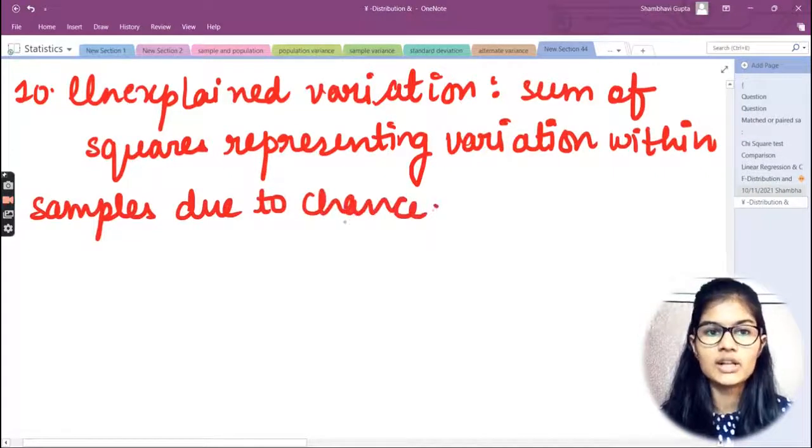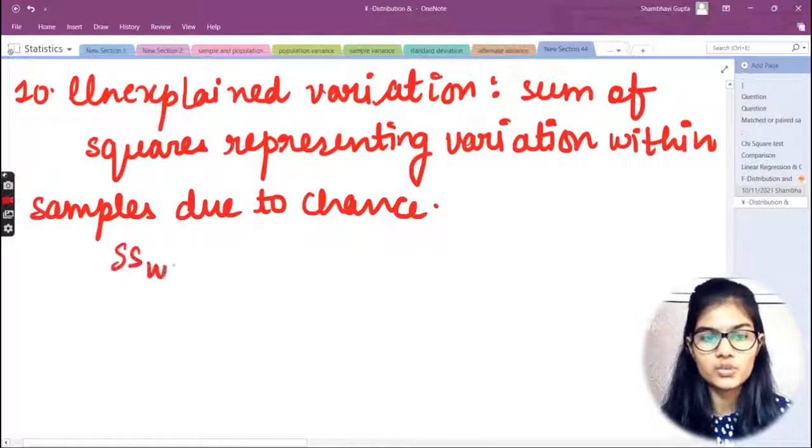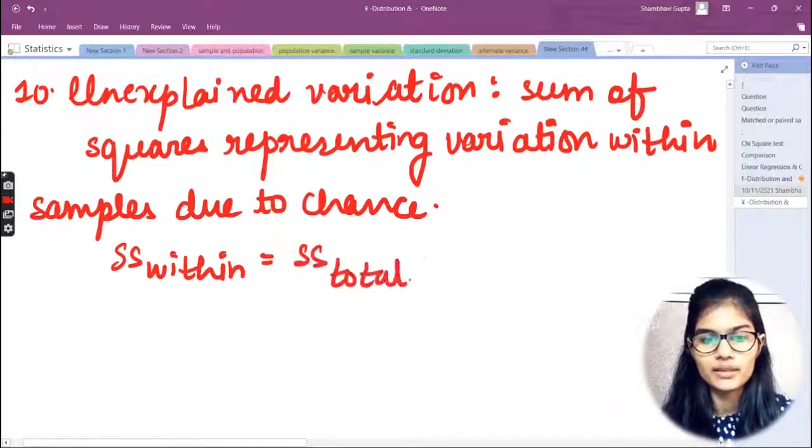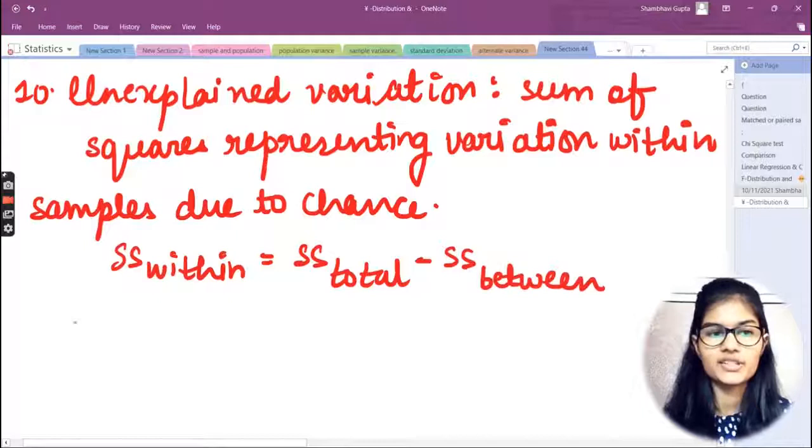So unexplained variation is basically the sum of squares representing variation within the samples due to chance. So what's the value for that? It is SS width, sorry, it's not width, it's within. So SS within is equal to SS total minus SS between. Right? So yeah, this is done.